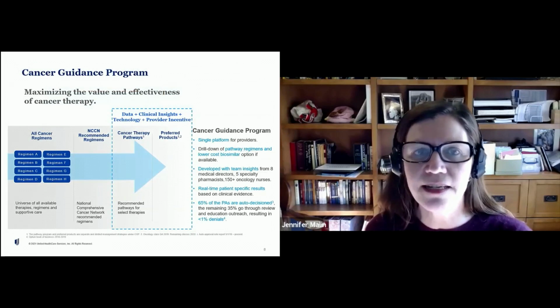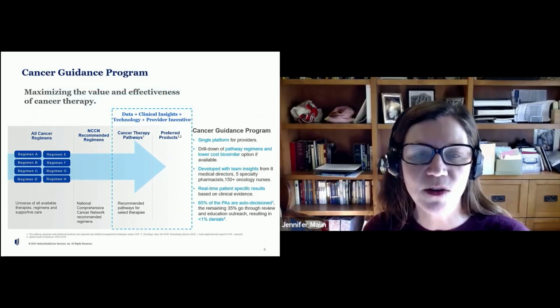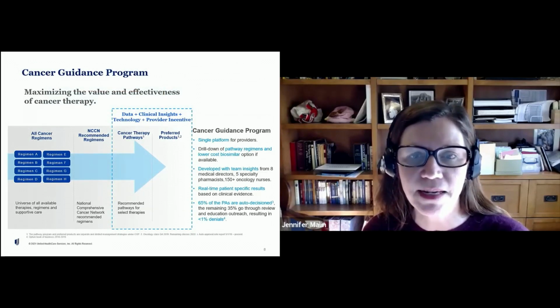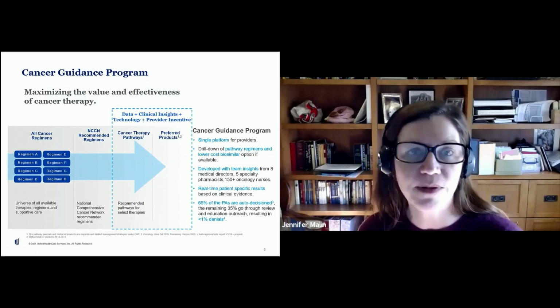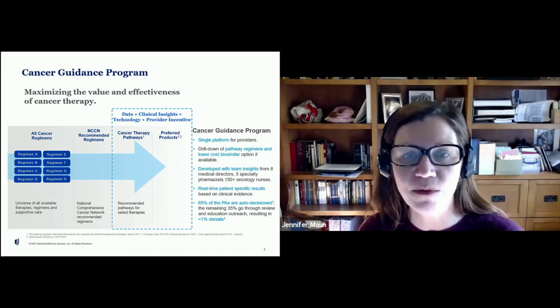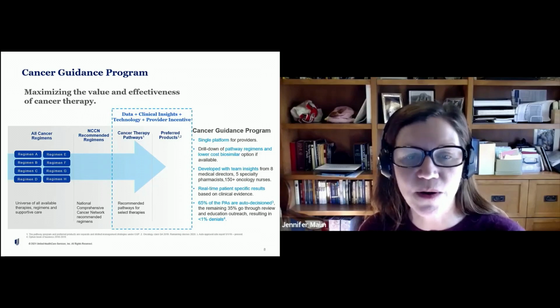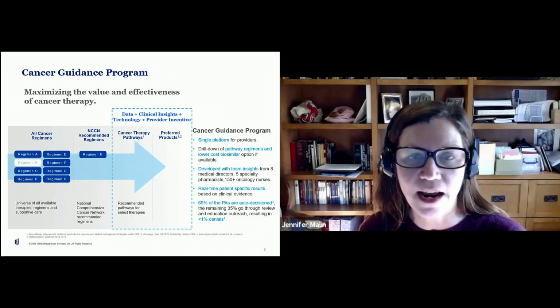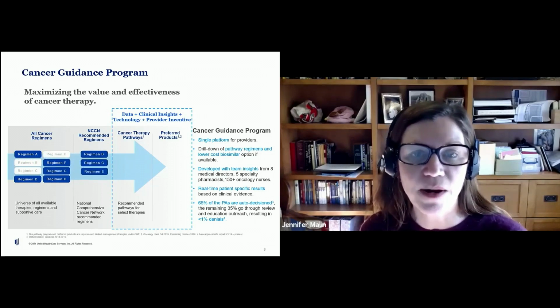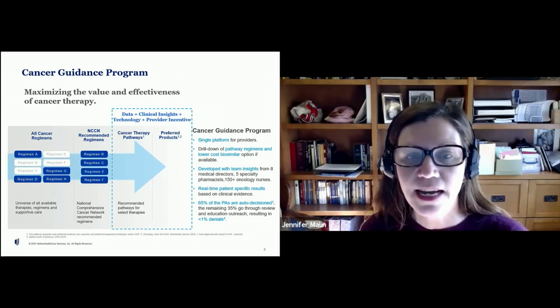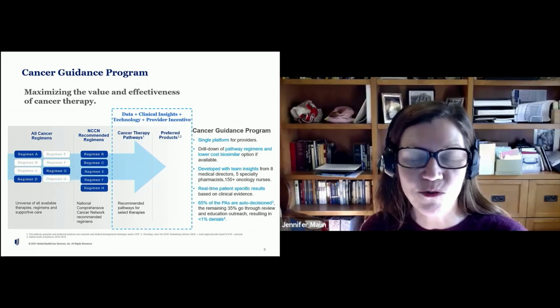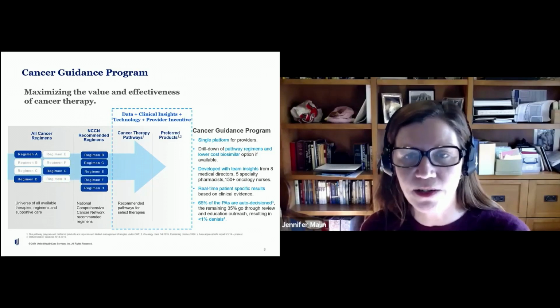As I mentioned, we look at this real-world evidence supplementing the clinical trial data as we create our cancer treatment pathways. In our cancer guidance program, we first look at whether or not a cancer treatment regimen is recommended by NCCN, and any of those treatments would meet our coverage criteria.